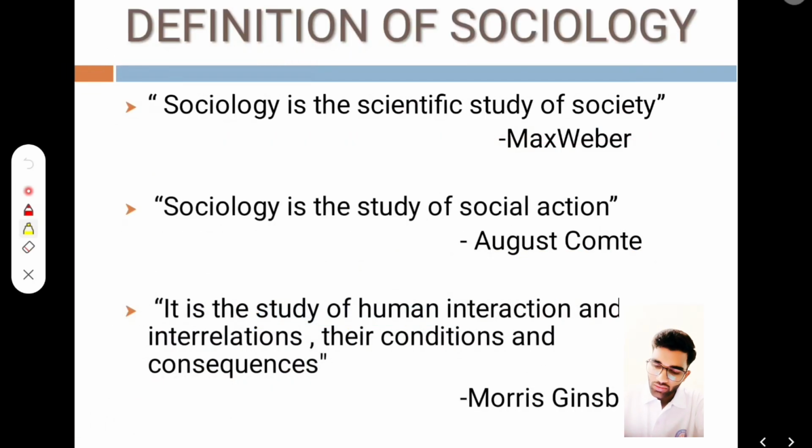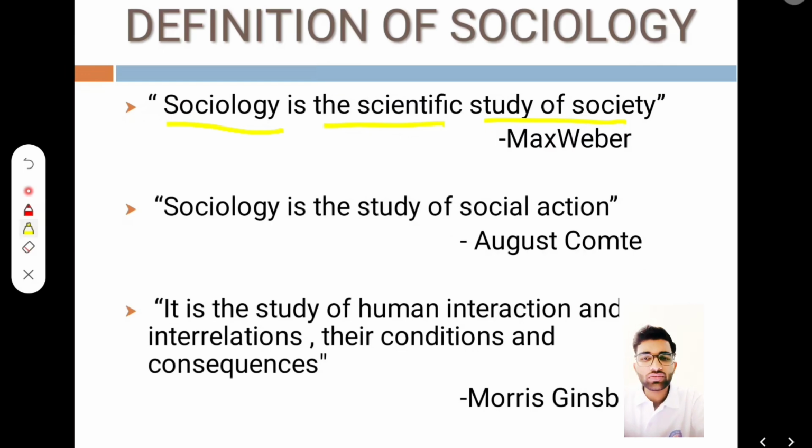Definition of sociology. According to different sociologists, there are some definitions. First one, sociology is the scientific study of society, according to Max Weber.